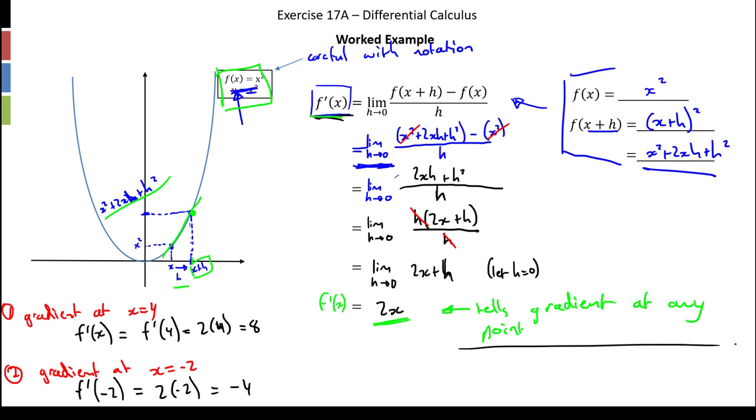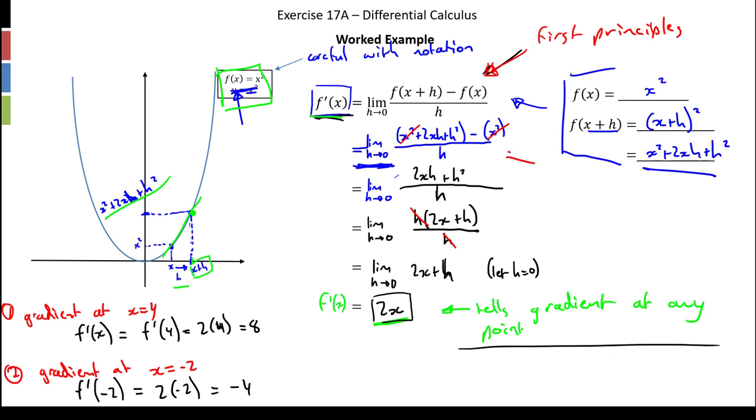Now this is a pretty simple case with a simple function, f of x equals x squared. But it's a curving function. I've now given you a rule, this thing right here, that will tell you the gradient at any point. Doesn't matter, you could say x equals 1,000,000 and this will tell you the gradient, which would happen to be 2,000,000, 2 times the x value. How did we get there? Well, we started with our first principles equation.